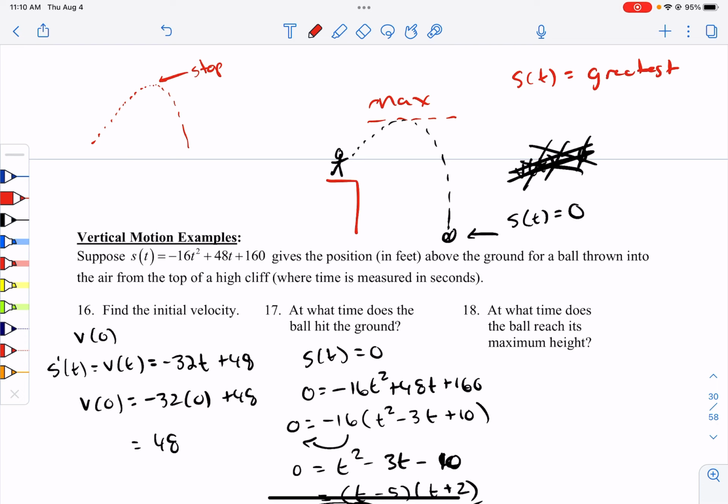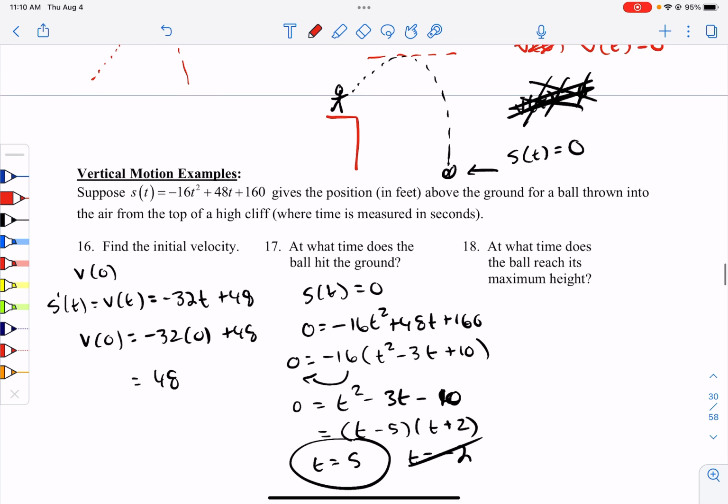So my velocity is going to equal 0. At the top of my throw, when the ball reaches its maximum, it is no longer moving. It's going to start coming down. We're not going to talk about how to make sure it wasn't going down and then up. So I'm interested in, when does negative 32t plus 48 equal 0?